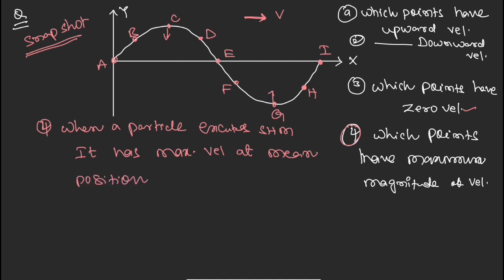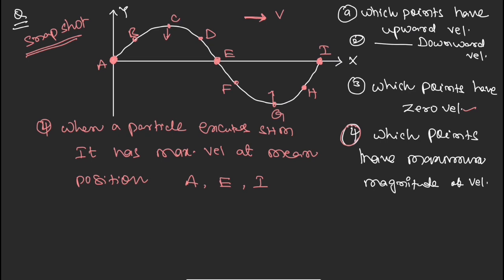So mean position means what is your answer? This one, this one. So for question D, we can say B, next E and I. A, E and I. Okay, the fourth one is completed.